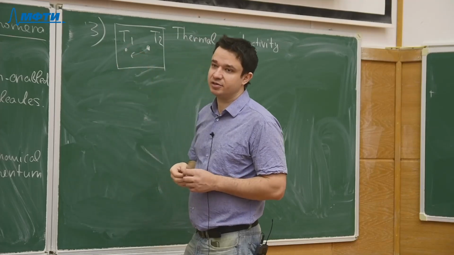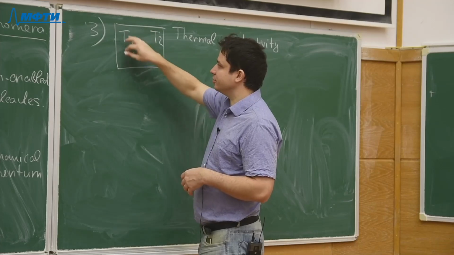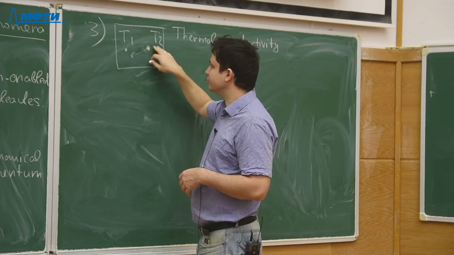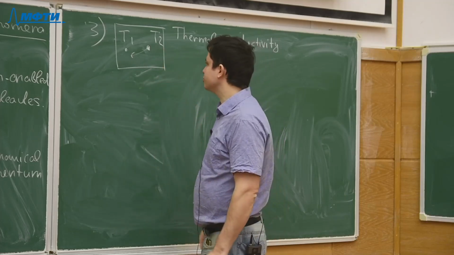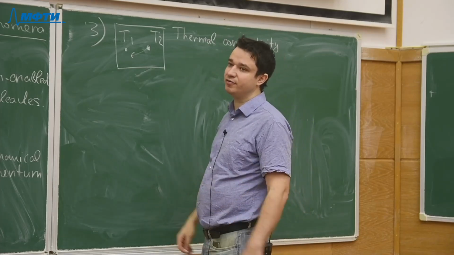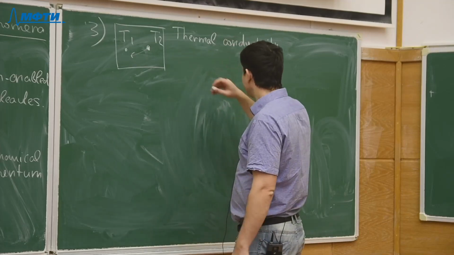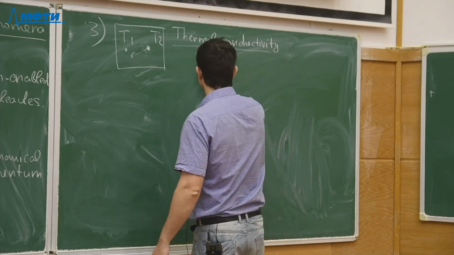And due to this transfer, the temperature here, or the energy allocated in this part of the vessel, would increase, while the energy allocated here would decrease. So overall, that would go towards the thermal equilibrium, in which the temperature throughout the whole vessel would become constant. So this is transport of energy.